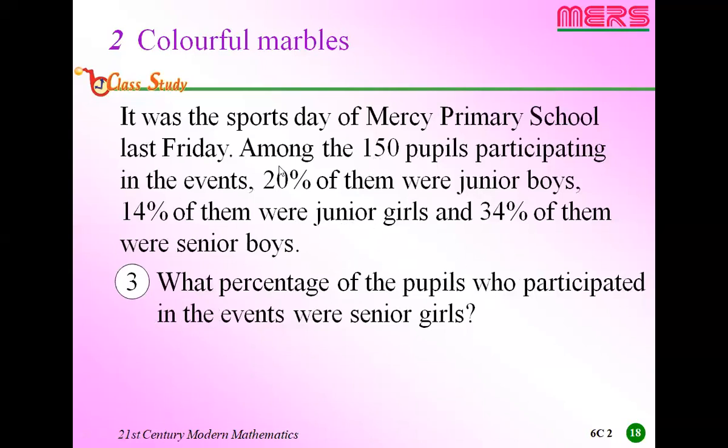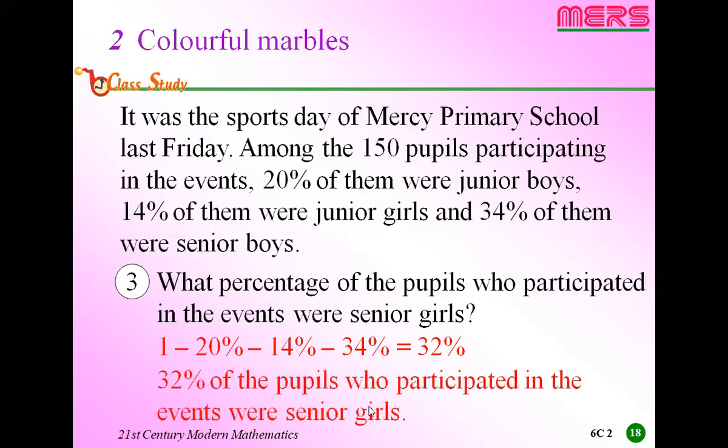So you use 1 minus the percentage of junior boys minus the percentage of junior girls and then minus the percentage of senior boys. Then you can find the percentage of senior girls. Okay, remember? So we use this to find 32%. Okay, so now we know the percentage of senior girls among these 150 pupils is 32%.